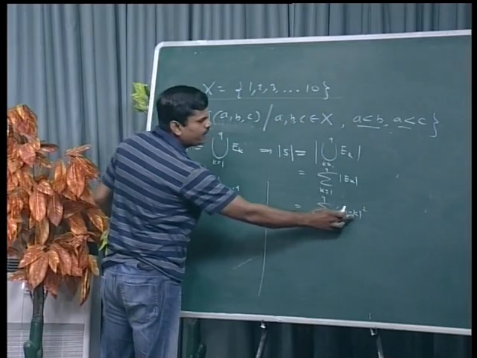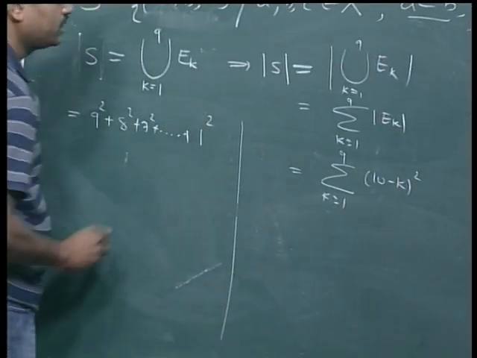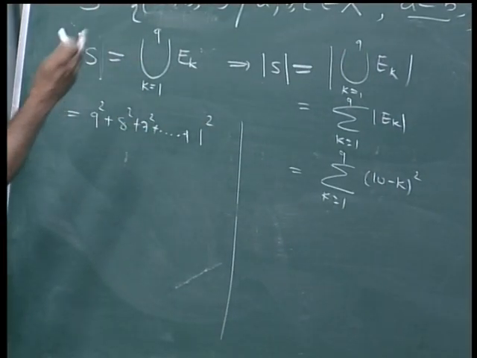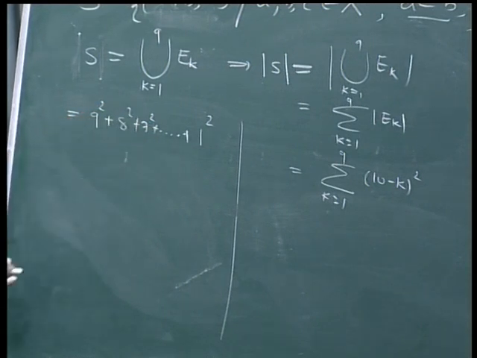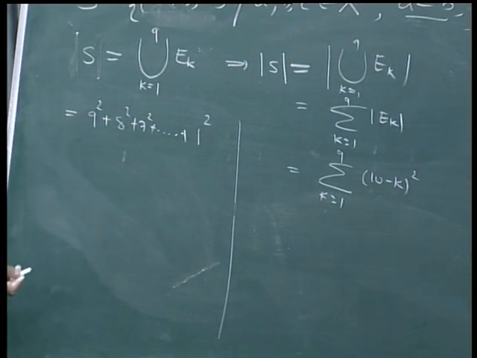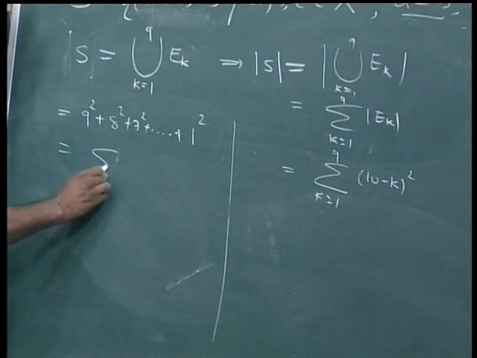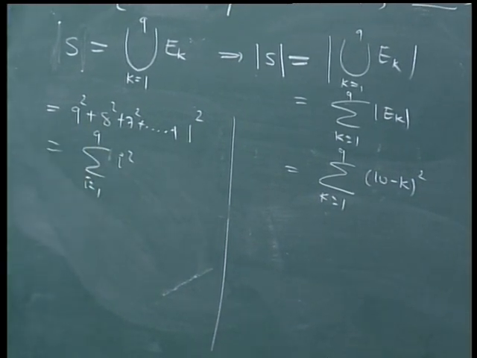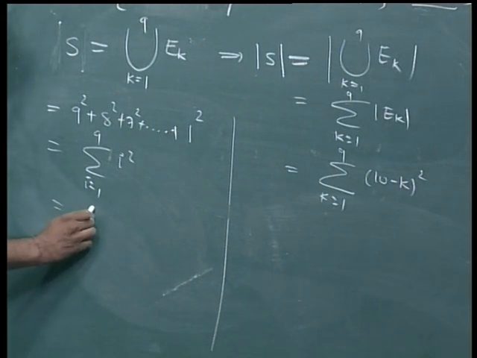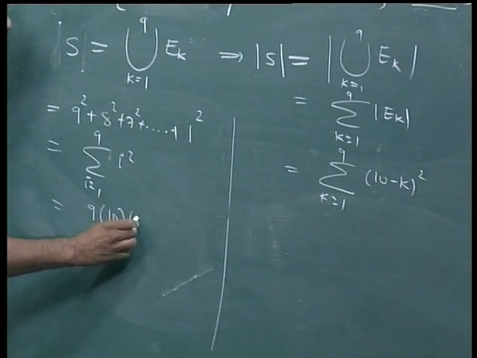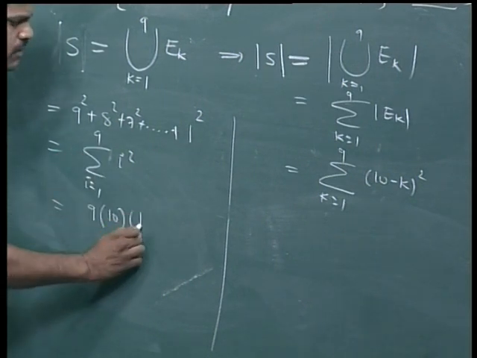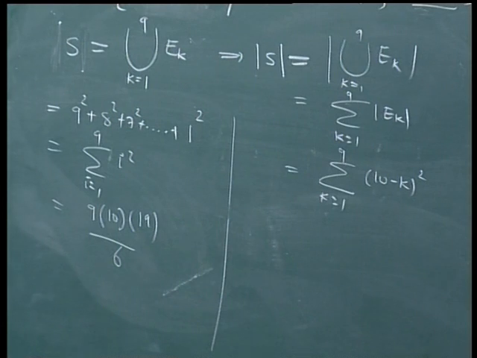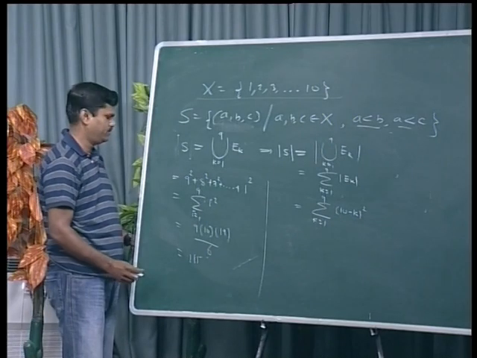Plus for k equal to 9, you will get 1 square. So instead of expanding that way, just directly substitute the values and you will get one simple sum of squares from 1 to 9. So this is actually sigma i square, i is equal to 1 to 9. Now I can use that simple formula directly. So 9 into 9 plus 1, that is 10, into 2n plus 1, that is 18 plus 1, 19 by 6. So that turns out to be 285. That you can verify.